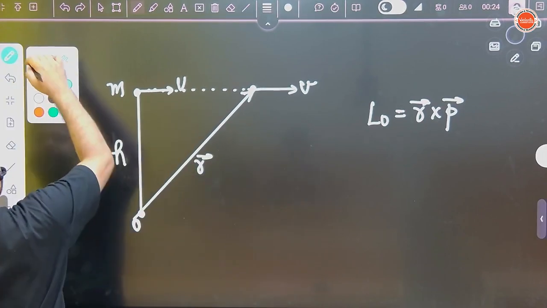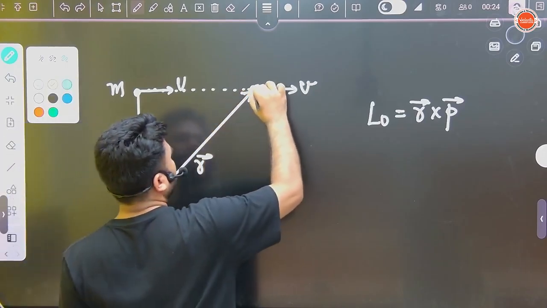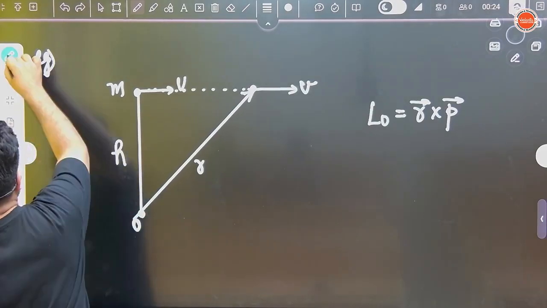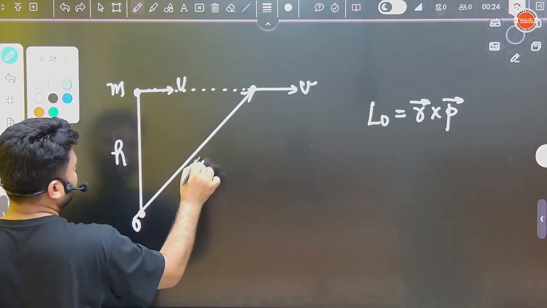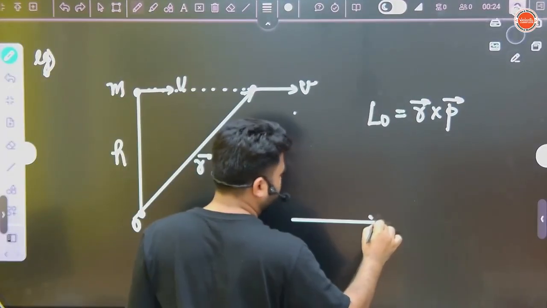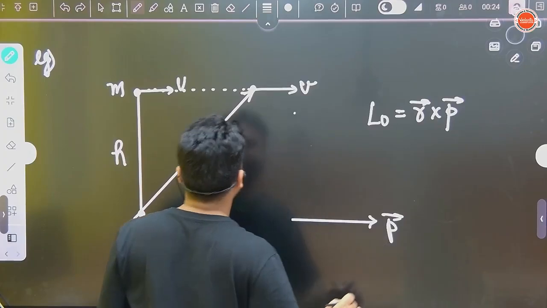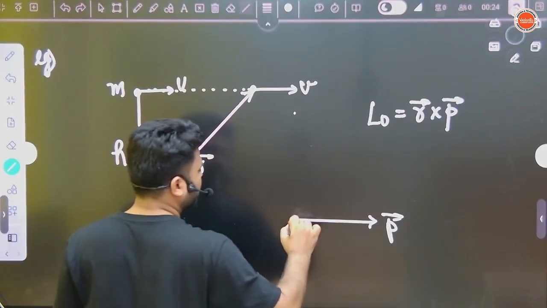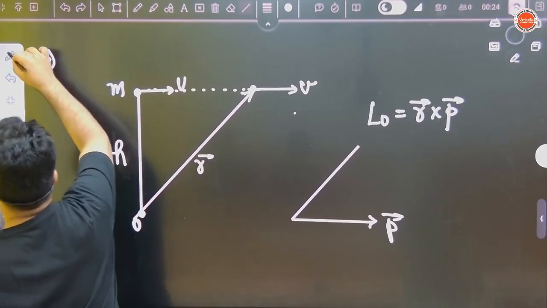Can I draw like this? Any vector you can shift. I am drawing it here so that you understand better. This is my P vector because velocity is in this direction, and I can shift R parallel, so this is my R vector.